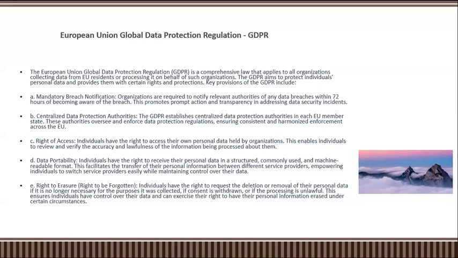Next, we have centralized data protection authorities. The GDPR establishes centralized data protection authorities in each EU member state. These authorities oversee and enforce data protection regulations, ensuring consistent and harmonized enforcement across the EU.